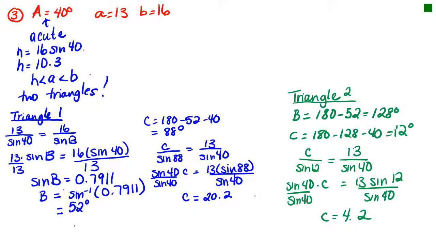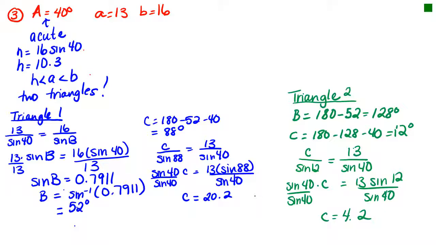So if you look at the picture above, it can be obtuse, which is, in our case, the supplement of 52. In that case, B would be 180 minus that, so 128 degrees. That would make C only 12 degrees, so then I would have to find out what C is in that case as well.